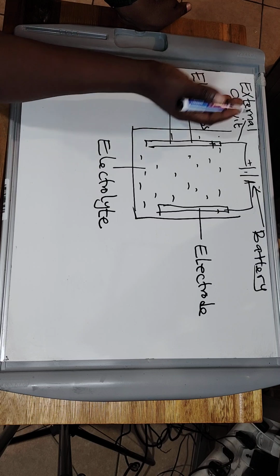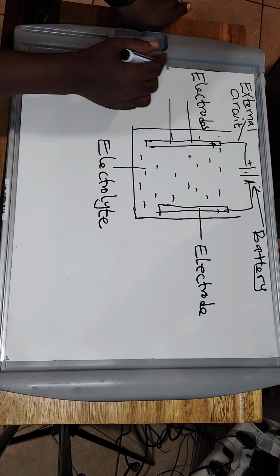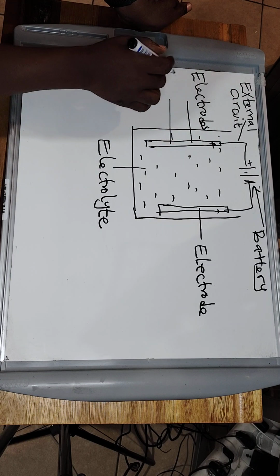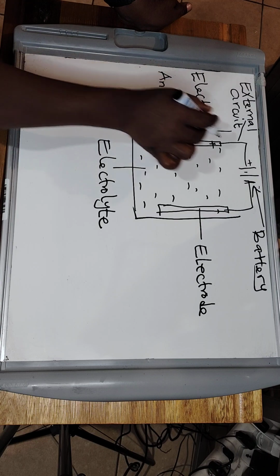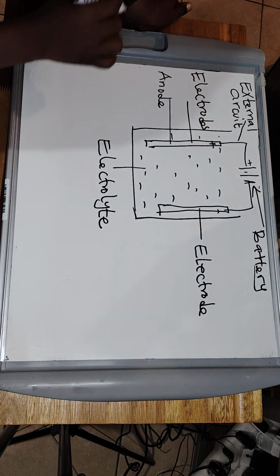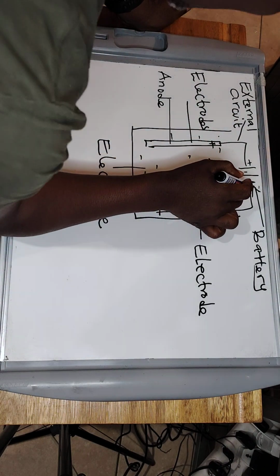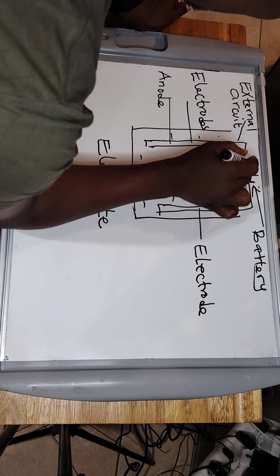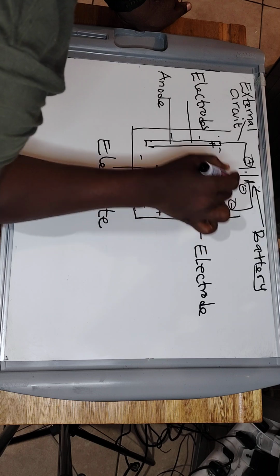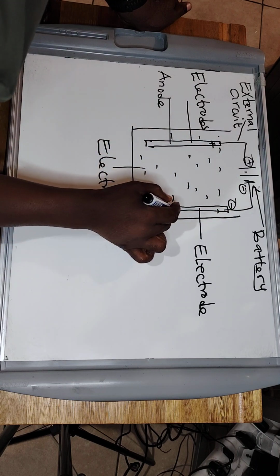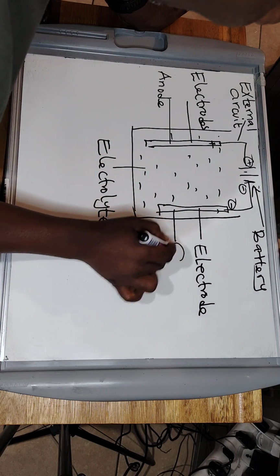This electrode is an electrode, yes, but what's the nature of this electrode? The nature of this electrode is anode, by virtue of the positive terminal attached to it. And what you have here is a negative. So this terminal here is negative. And the negative electrode is called what? Cathode.